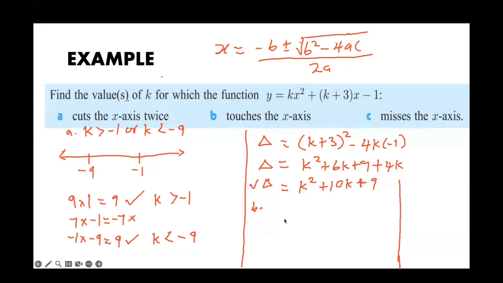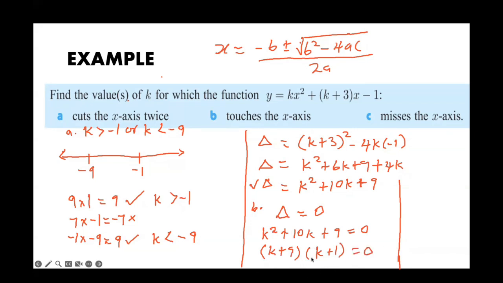For b, if it just touches the x-axis, then it means that it has repeated roots. So in that case, the discriminant is equal to 0. So k squared plus 10k plus 9 equal to 0. Earlier, we factorized this and we got (k plus 9) times (k plus 1) equal to 0.